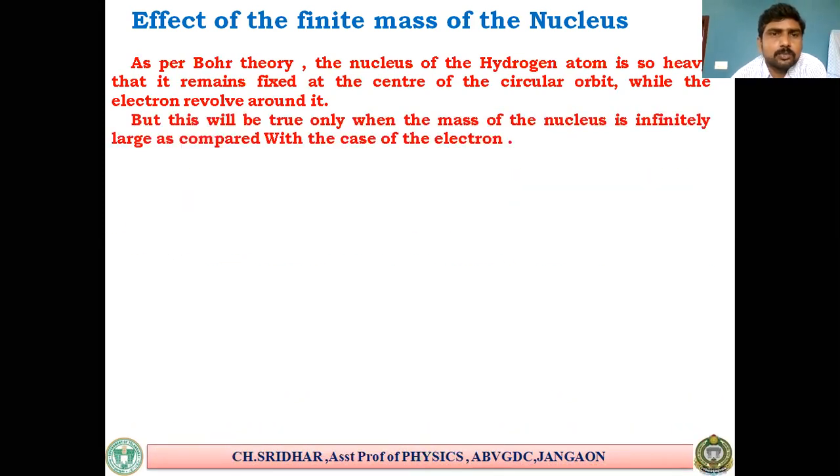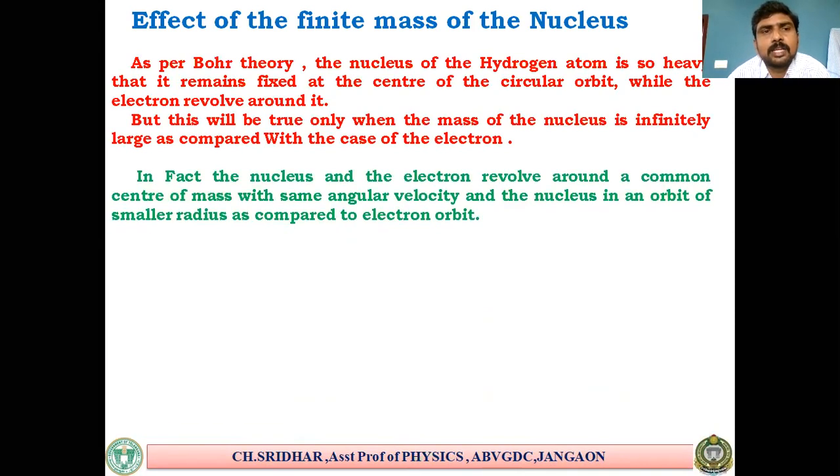But this will be true only when the mass of the nucleus is infinitely large as compared with that of the electron. In fact, the nucleus and the electron revolve around a common center of mass with the same angular velocity, and the nucleus moves in an orbit of smaller radius as compared to the electron orbit. As per the Bohr theory, the electron should revolve around the nucleus in a circular orbit where the nucleus is held stationary.